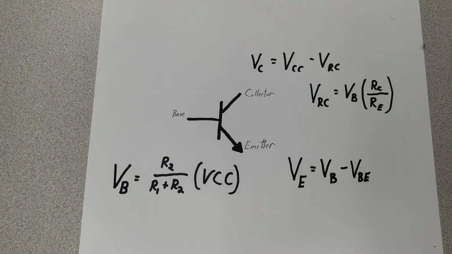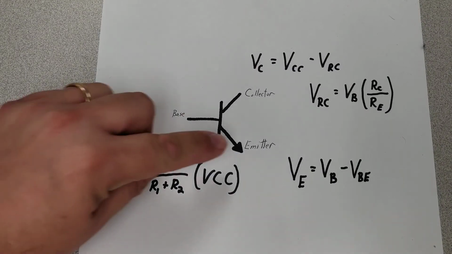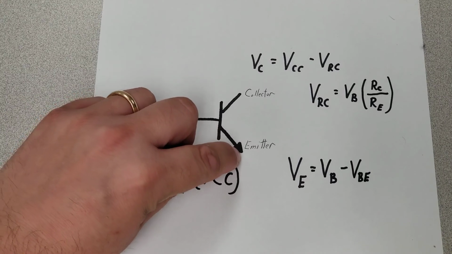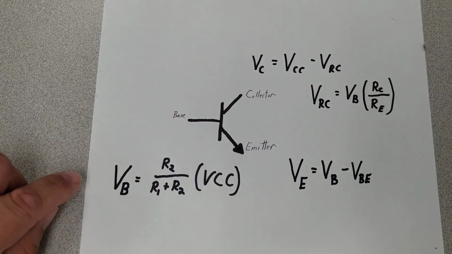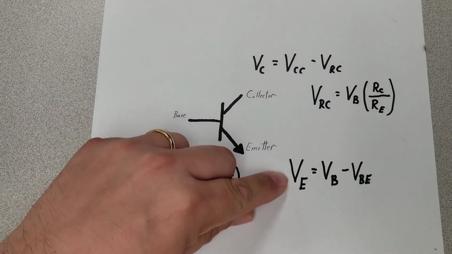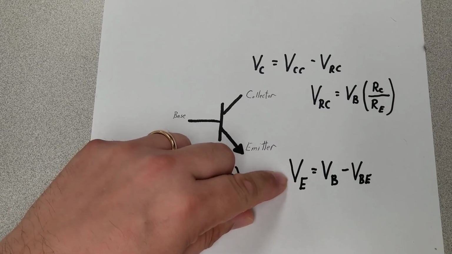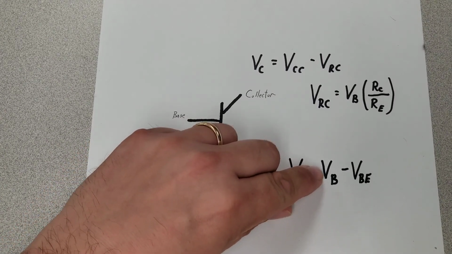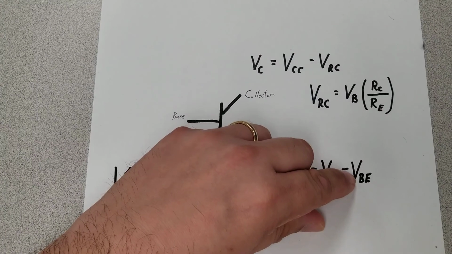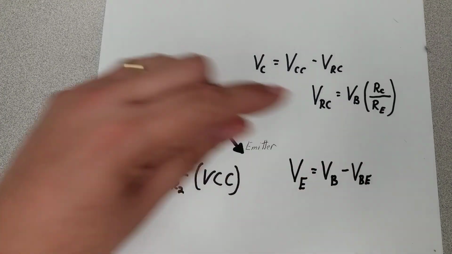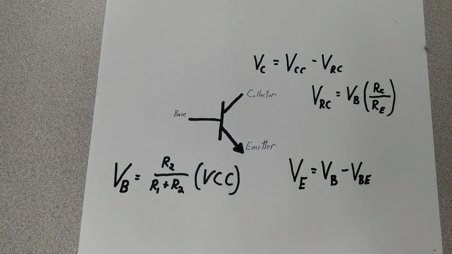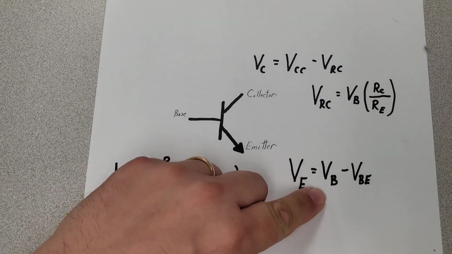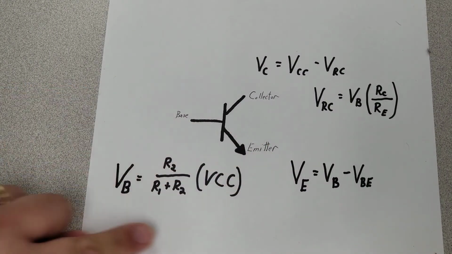I'm going to skip one and go right to the voltage at the emitter. We're going to use this formula. The voltage at the emitter is equal to the voltage at base minus the voltage drop between the base and the emitter. We already know what the voltage at base is from our first formula.